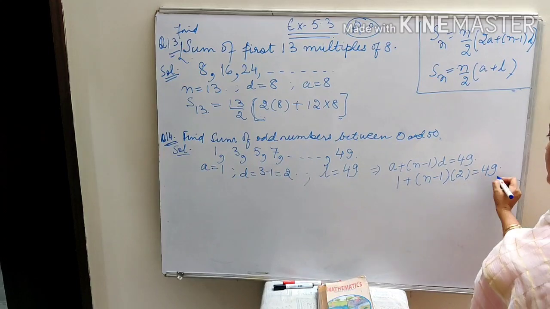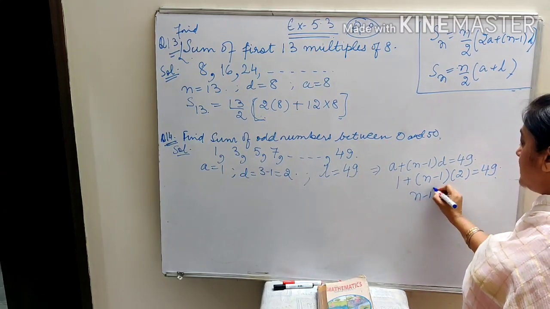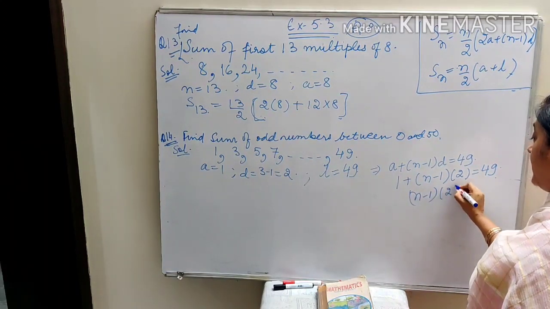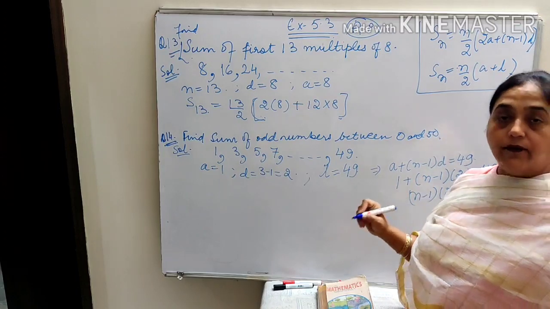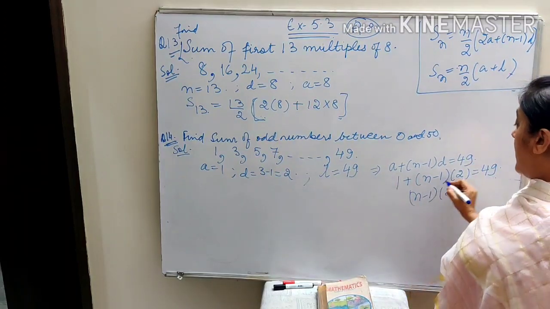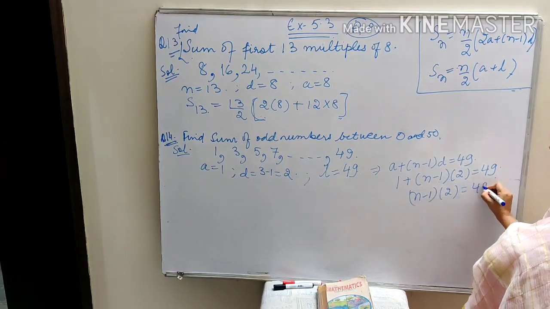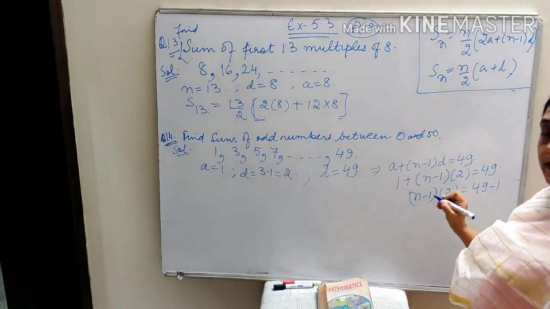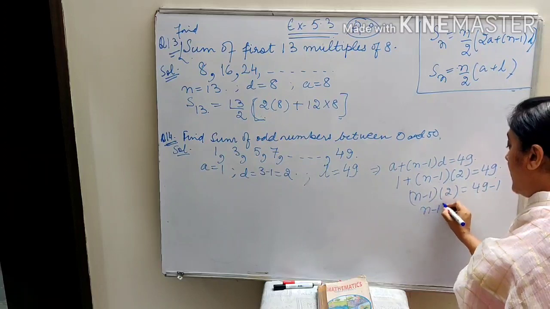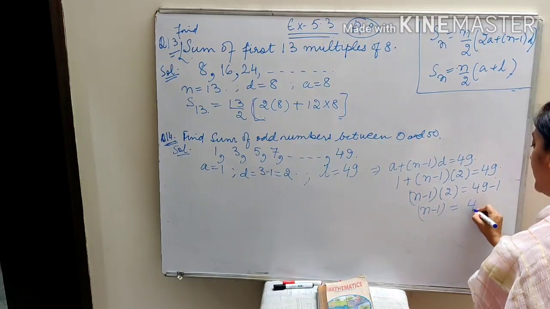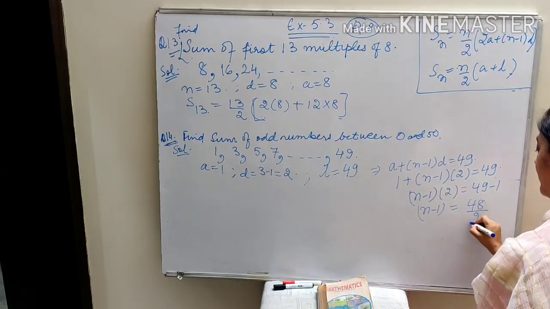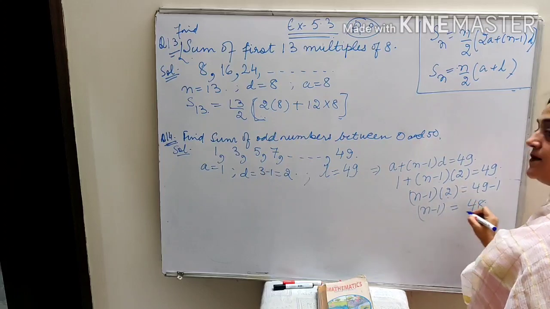Now this 1 will go to the other side, so n minus 1. Always remember, as I told you in my previous class also, whenever you ask doubts, I never multiply it. I will write 49 minus 1. So here n minus 1 becomes 48, and 48 divided, this 2 comes in the division.